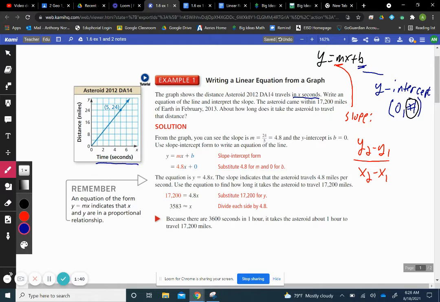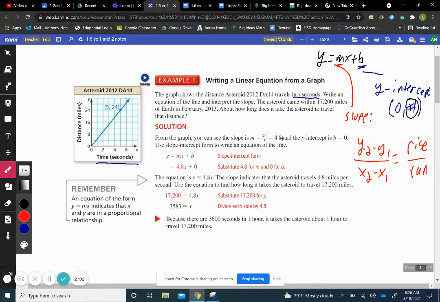We know the equation of the line is y equals mx plus b, slope-intercept form. And interpret the slope. Another way of saying slope is rise over run. We'll come back to that when we solve it. So the asteroid came within 17,200 miles of the Earth.